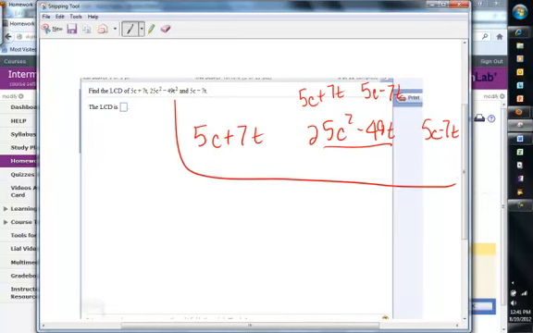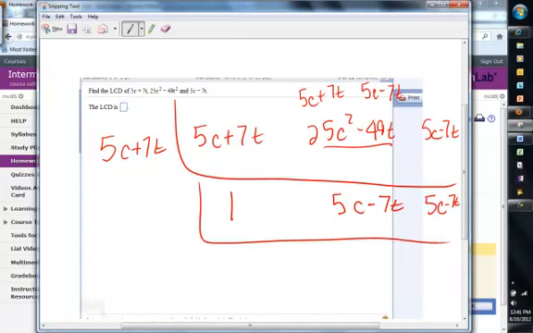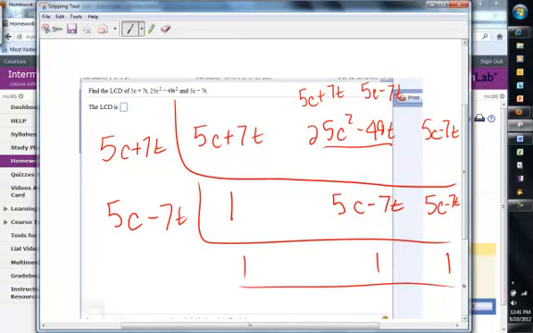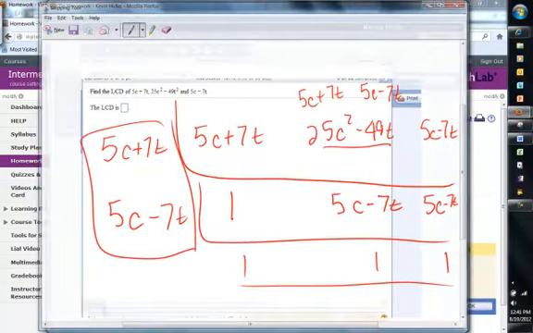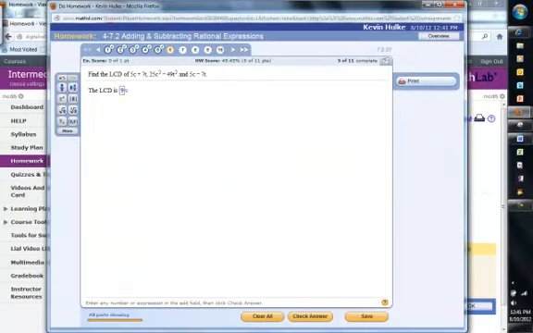Well, they don't have anything in common all the way across, but 5c plus 7t can be taken out of this one, and it can be taken out of this one, and this one just bring down 5c minus 7t, and now we can take a 5c minus 7t out of these two, and we're left with 1 and 1. And so our common denominator is right here, 5c minus 7t, 5c plus 7t.